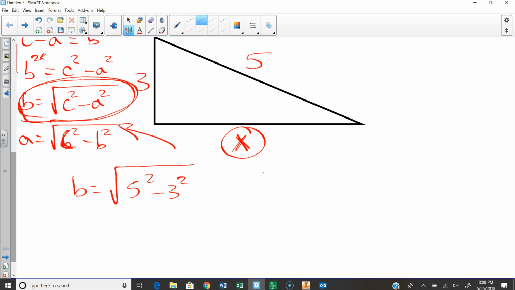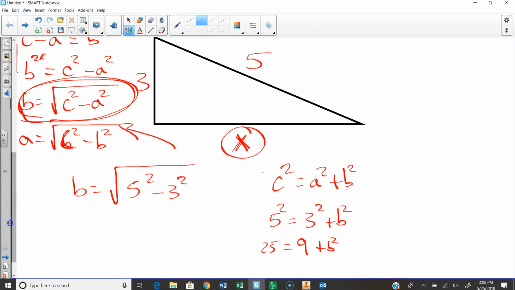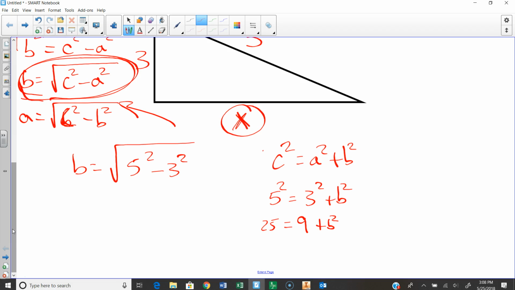Or I could start from scratch, with C squared equals A squared plus B squared, and just plug in. So 5 squared equals 3 squared plus B squared. And this would be 25 equals 9 plus B squared. Subtract 9 from both sides, and let's see if we get this right, 16 equals B squared.